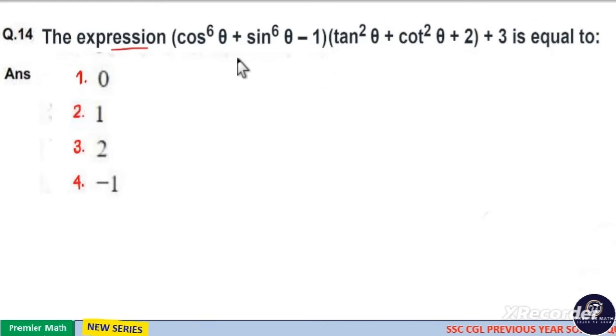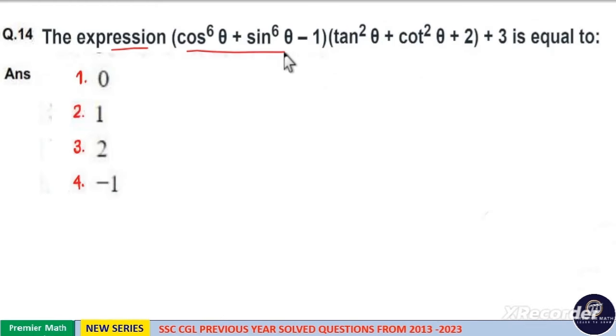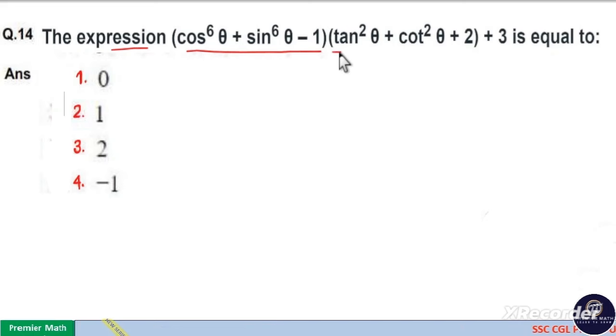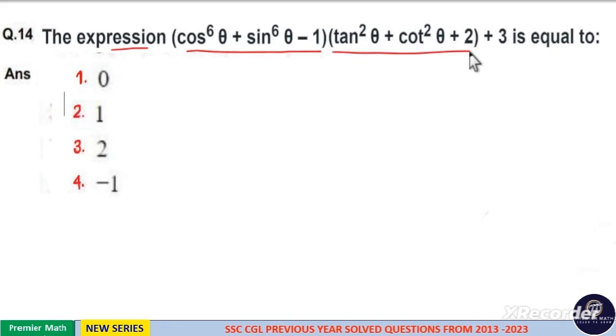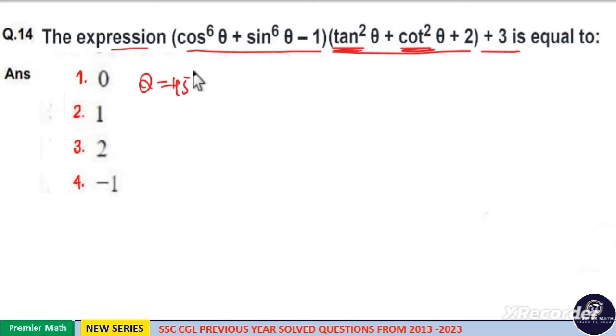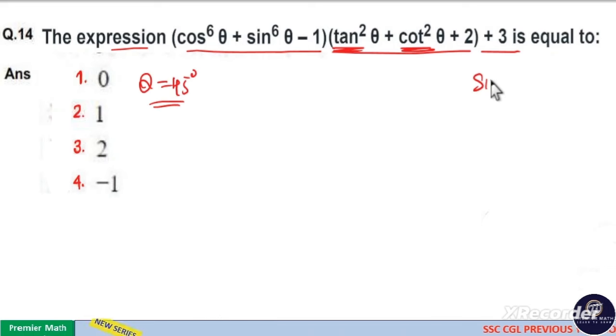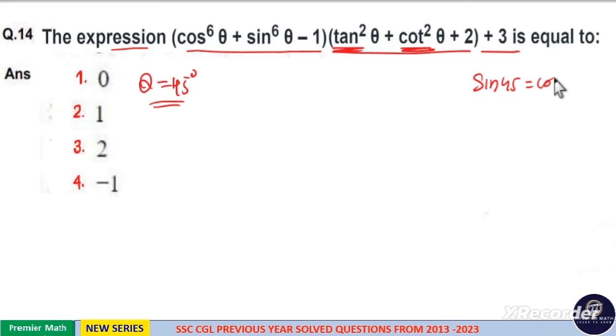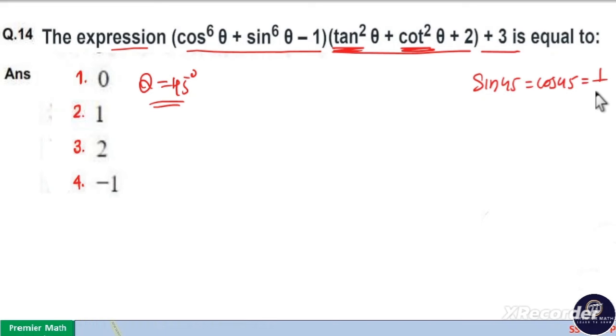The expression cos raised to 6 theta plus sin raised to 6 theta minus 1 into tan square theta plus cot square theta plus 2 plus 3 is equal to. Here you have tan theta and cot theta in your question. Whenever you have tan theta and cot theta in your question, always put theta as 45 degree. Now, you already know sin 45 is equal to cos 45 is equal to 1 by root 2.